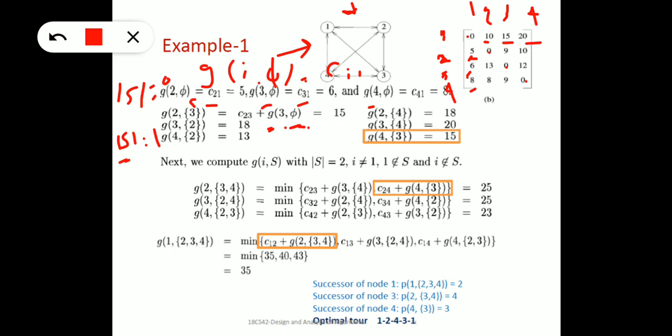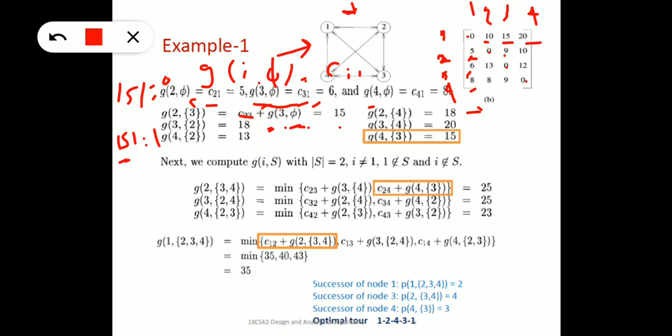So you get the cost of the edge C23 from the adjacency matrix. 2, 3's value is 9 plus g of 3 null. You get it from the previous calculation to be 6. So 9 plus 6 is equal to 15. So similarly, you do it for g of 2, 4, you get a value 18.